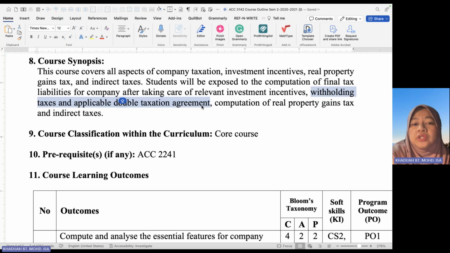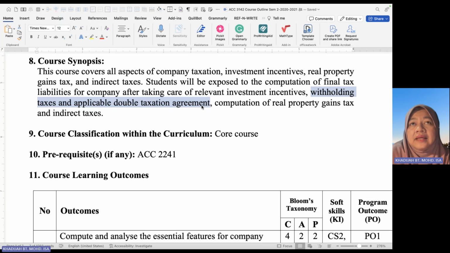We also look into the double taxation agreement, which is between Malaysia and another country. We are going to look into this because we want an idea of how companies, or even individuals, who like to have business outside Malaysia, what tax exposure they will have and how they can minimize their taxation.